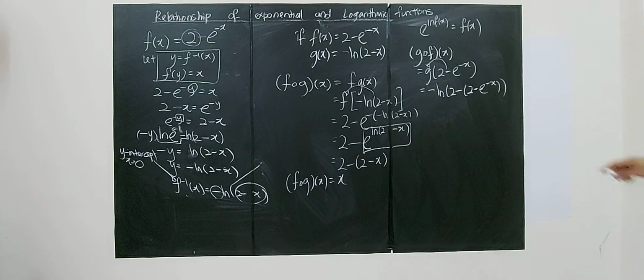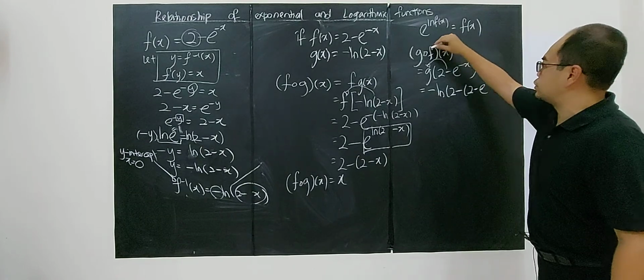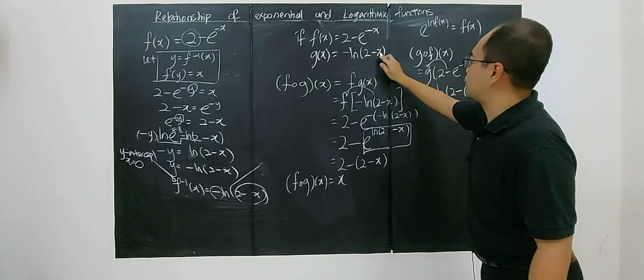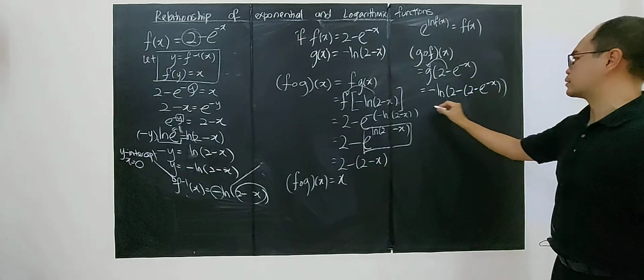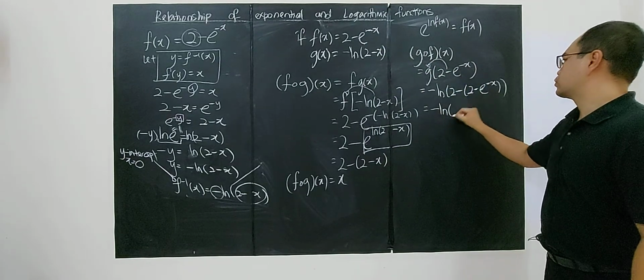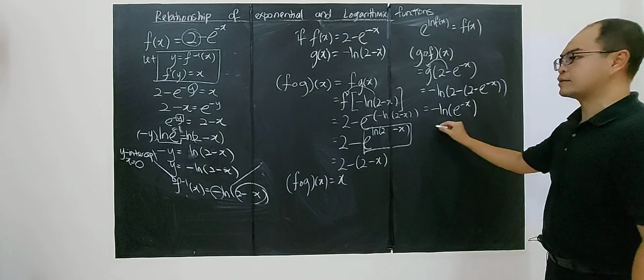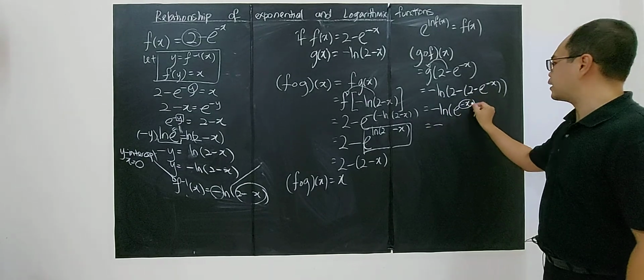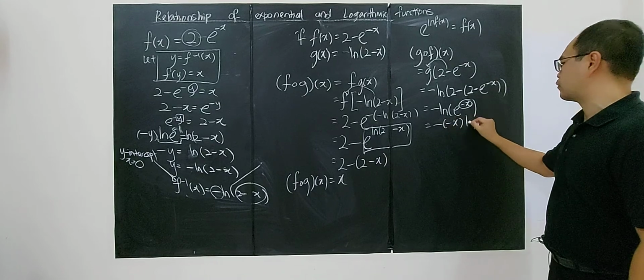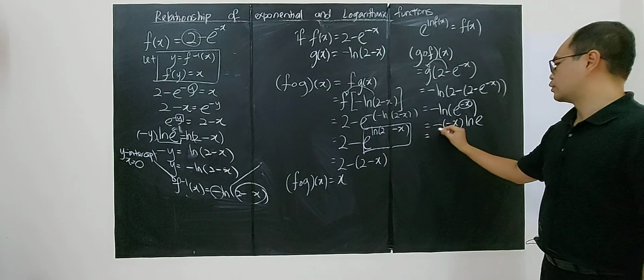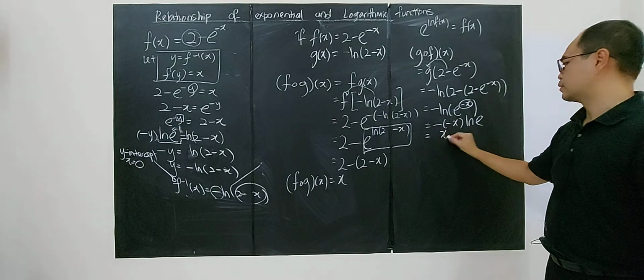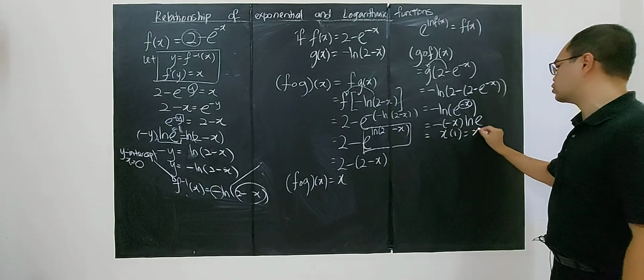Solving 2 minus 2, you have 0, then negative, negative, positive, e to the power of negative x. You bring down the negative x forward, so you have negative x times ln e. Negative, negative, positive x. ln e is 1, so you are getting x also.